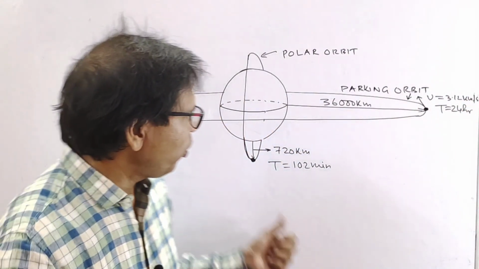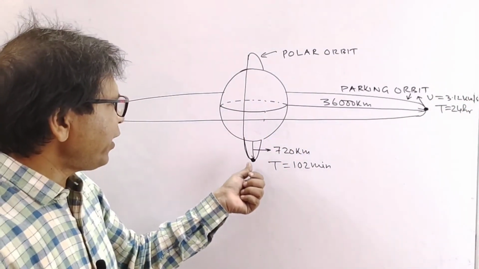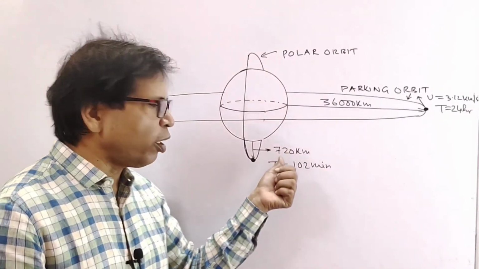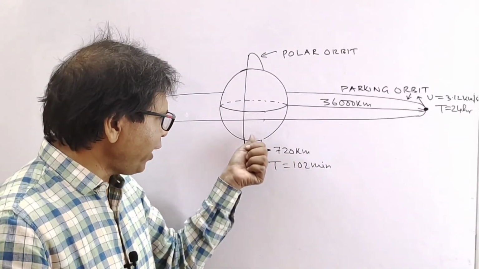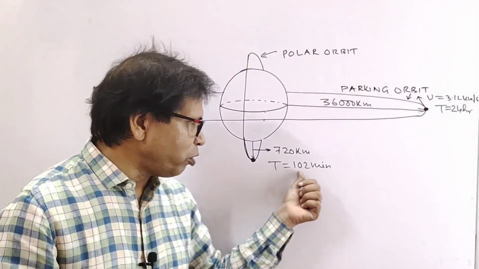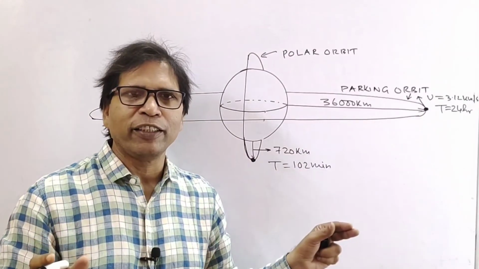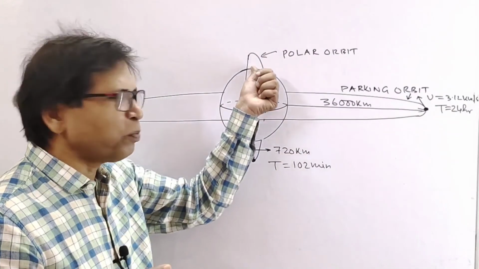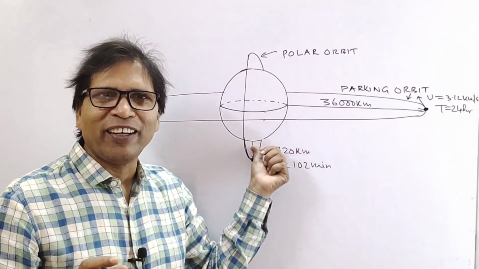Okay, now polar satellite. The satellite whose orbit is normal to the equator is called a polar satellite. Its height is almost 720 km and its period of revolution is 102 minutes, and in every revolution it passes through the North Pole and South Pole.